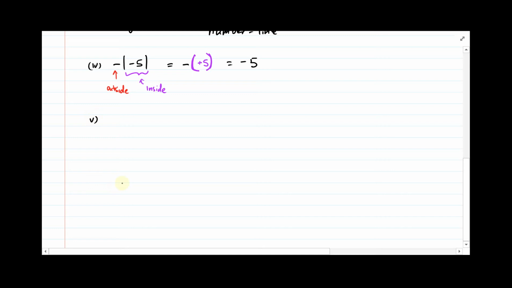Okay, part 5. Let's look at the next question. Sometimes we can have a whole arithmetic expression that we have to evaluate. This is like working again inside a bracket, so we'll need to work inside here first. And in doing that, we end up with 3 minus 4. 3 minus 4 is -1.